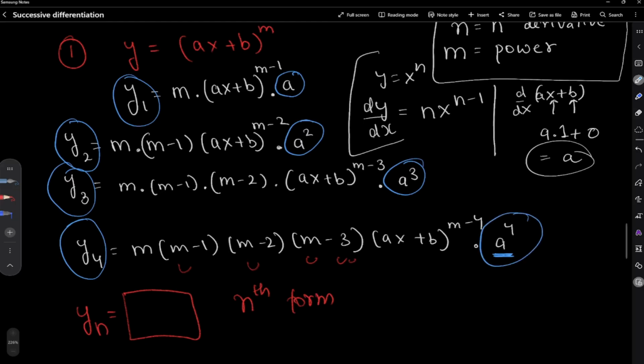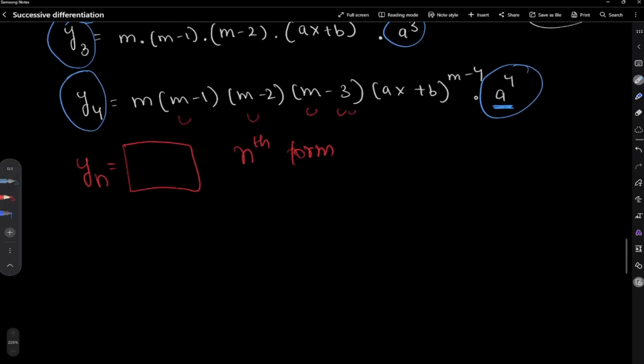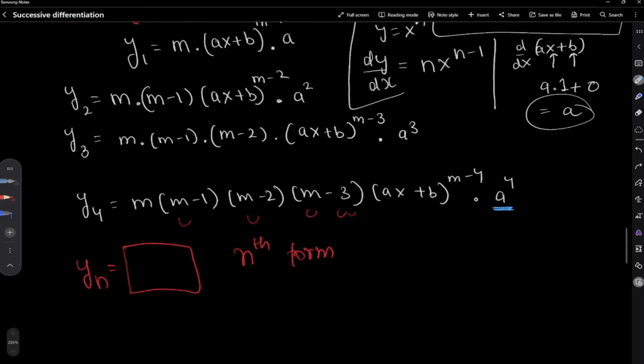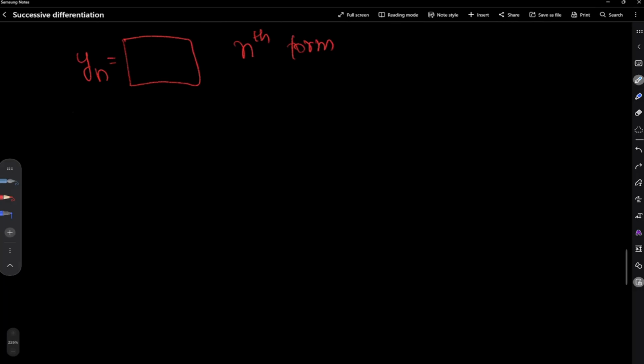I'll write these down here. So for the first derivative it's a raised to the power 1, which I can write. For the second derivative it's a squared, third it's a cubed, and fourth it's a to the power 4.